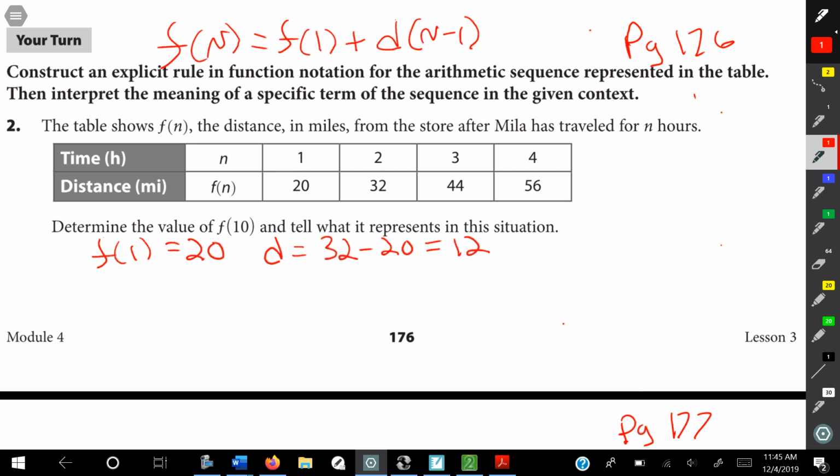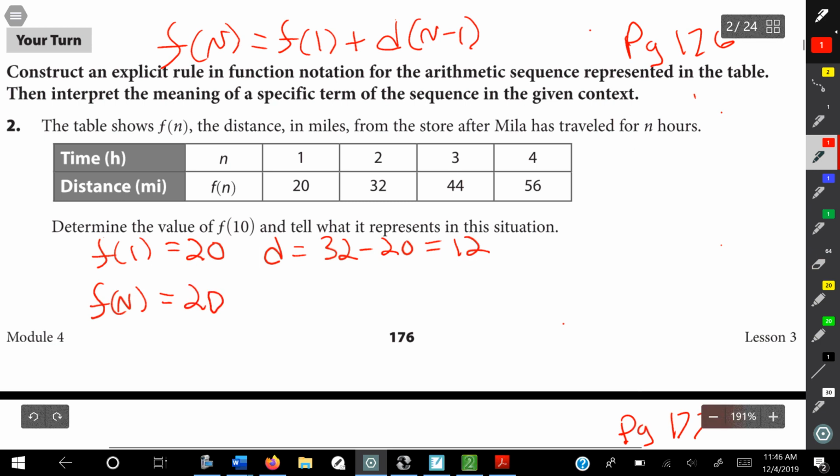So I start off with f of n is equal to f of 1, which is 20, plus the common difference, which is 12, times n minus 1.